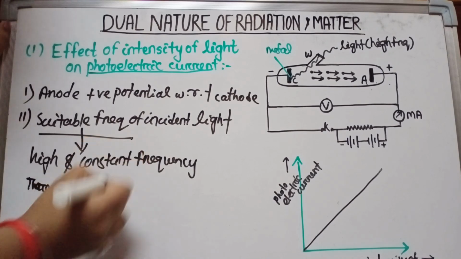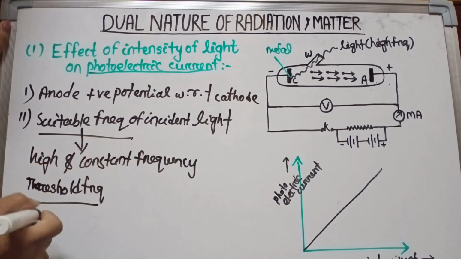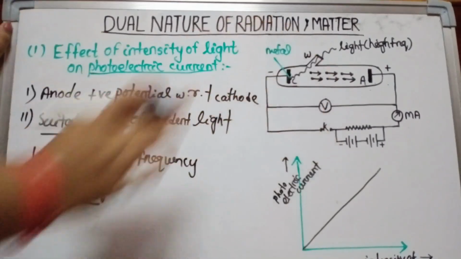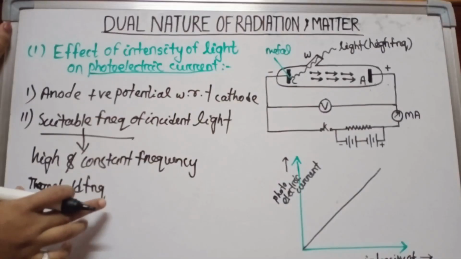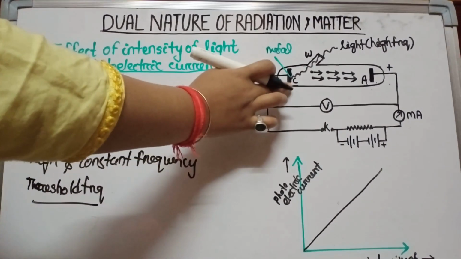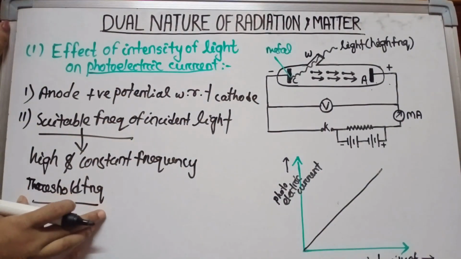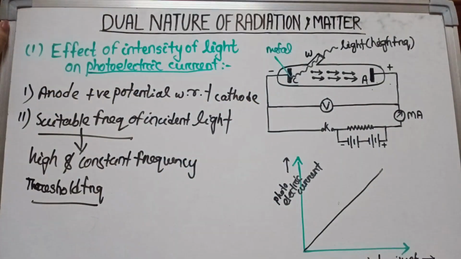It is the minimum frequency by which an electron can be released from the metal surface. This is the minimum frequency for this metal surface. For different metals, the threshold frequency value is different.